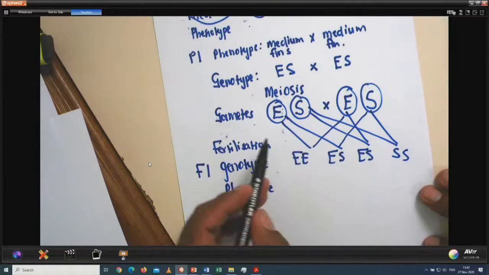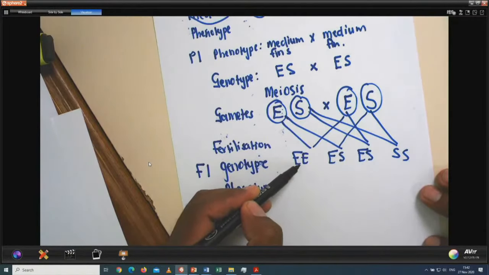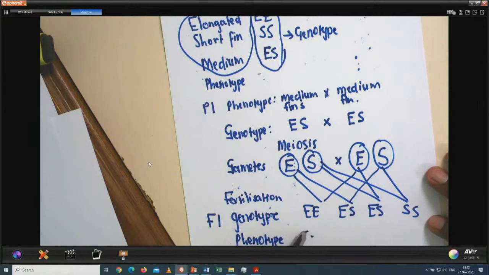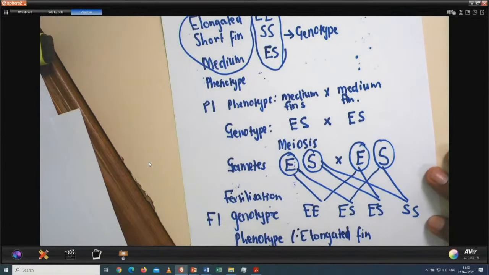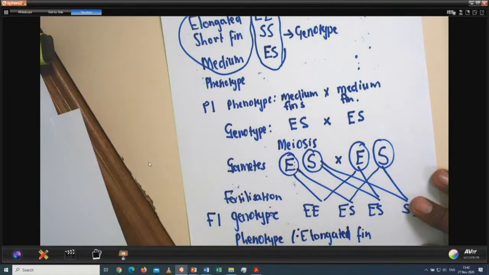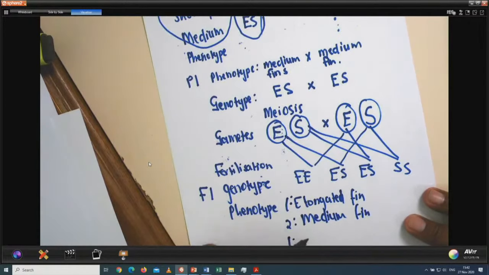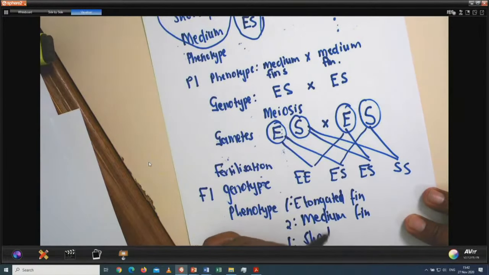Now if we have EE, we know it is elongated fin, we have one, and then we have two medium fin, and we have one short fin.